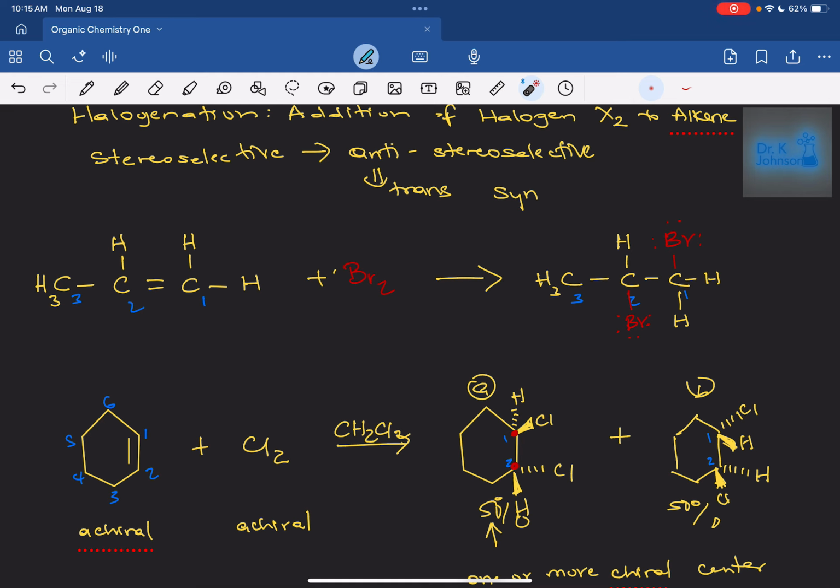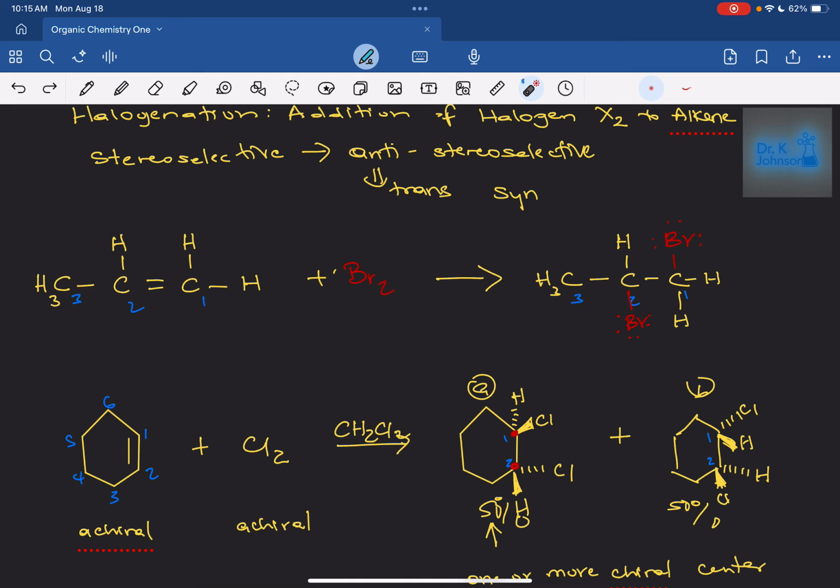To show your racemic mixture, all you have to do is use your solid wedge and your dash lines. Make the Br and the hydrogen one solid wedge, one dash, and then for the enantiomer, swap them around. You should try that for yourself and see. It's the same thing you're doing.